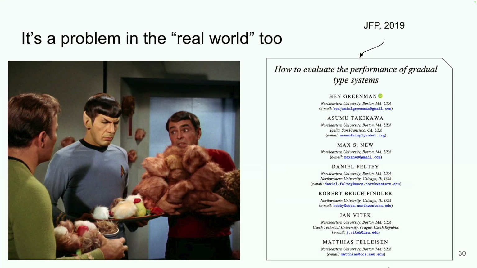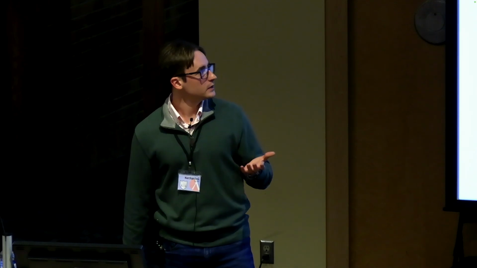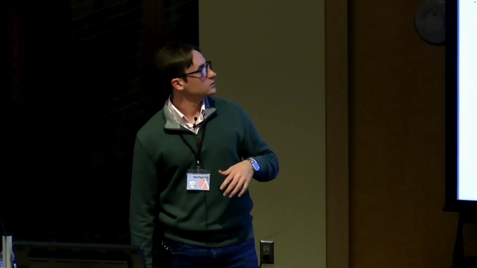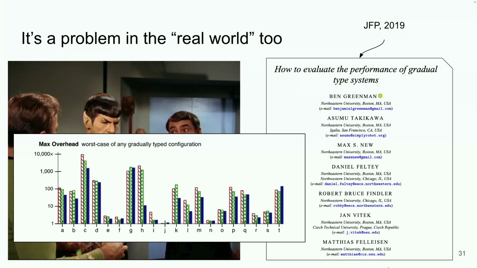There's nothing about the actual code itself, like in our toy example, that was causing things to go wrong. Basically this is just a problem everywhere. And in certain cases, it can get really, really bad. It can get to not just 10 times, but 100 times, 1,000 times, and so on.